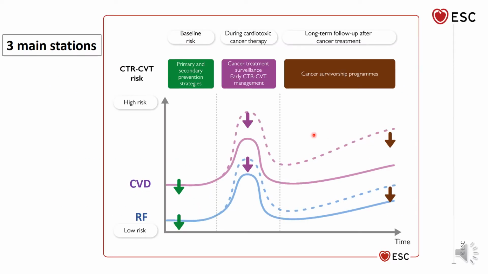The journey of the cancer patient who is a candidate for a potentially cardiotoxic drug is a long journey with three main stations. The first station is the baseline risk assessment, where we assess if our patient has baseline cardiovascular disease.